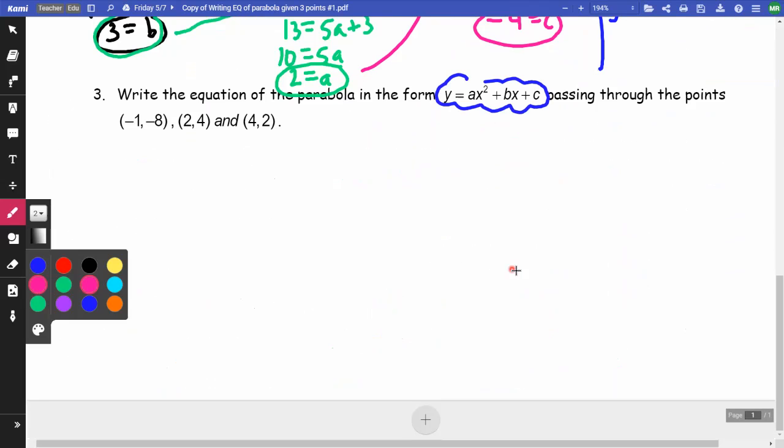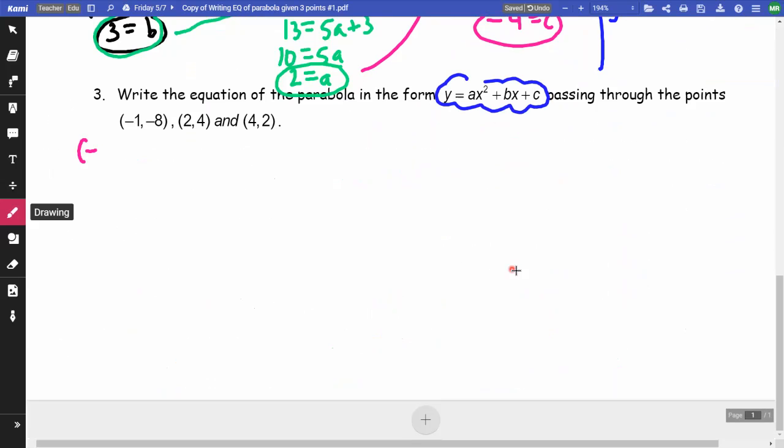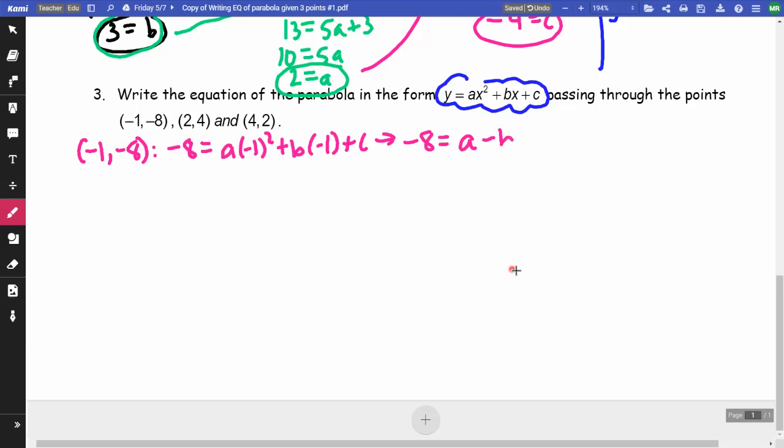Okay. And so I'm going to do -1 comma -8. Which is going to be -8 is equal to a times -1 squared plus b times -1 plus c, which I can clean up to -8 equals -1 squared is 1, so it's going to be a minus b plus c.